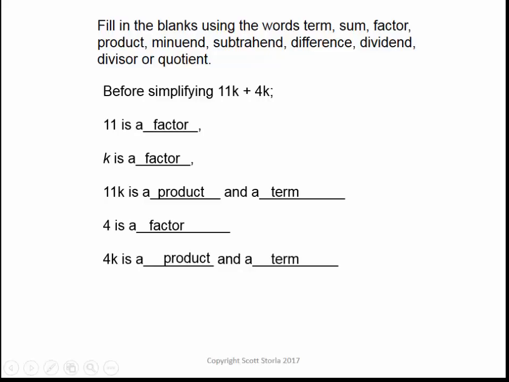It's to the right of the addition symbol. And the entire expression is a sum because the last operator we would do if we replaced k with a number and multiplied and added, that addition is last. So that makes the entire expression a sum. Well, that gives us a good start on the vocabulary for polynomials.